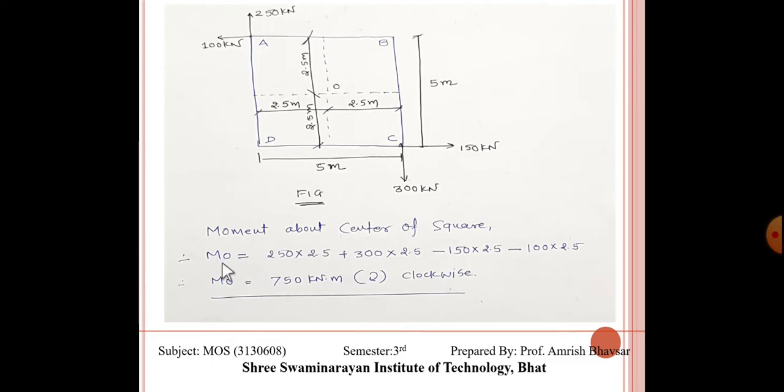Moment at O is equal to 250 into 2.5, plus 300 into 2.5 as it is again clockwise, minus 150 as it is anti-clockwise, and minus 100, again anti-clockwise. So the algebraic sum of all the moments is 750 kilonewton meter. It is positive, which means the whole sum of the moments is clockwise. Clear?